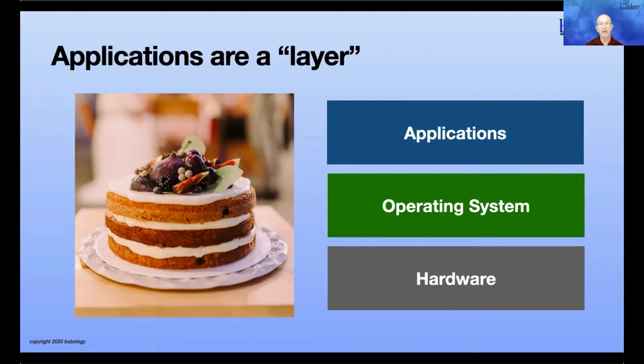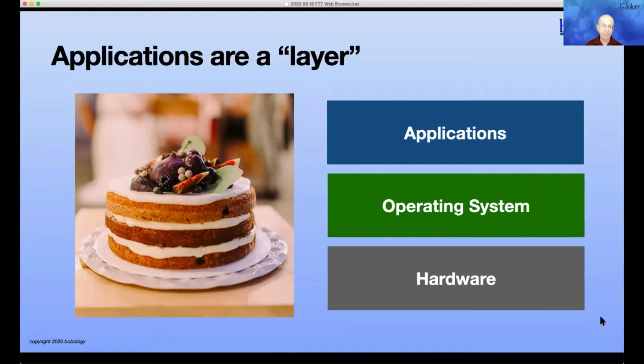It's like a juggler. If you've seen an act where somebody spins dishes on poles in a nightclub act or something like that, that's what an operating system is doing. And the applications are the individual plates.